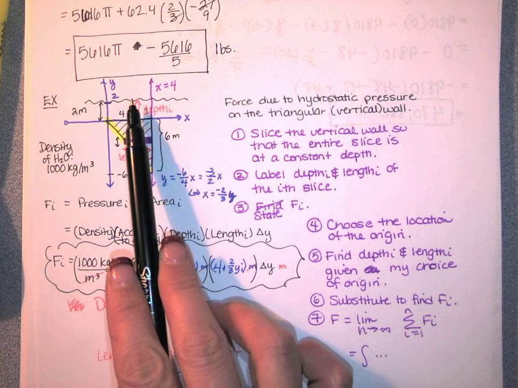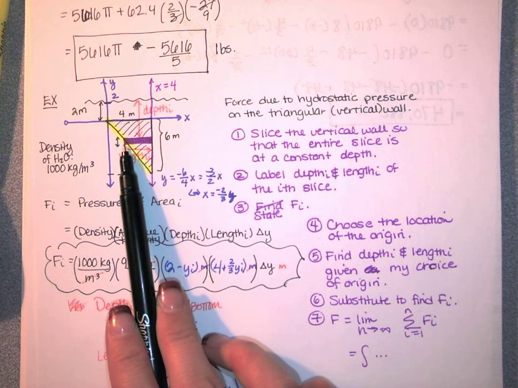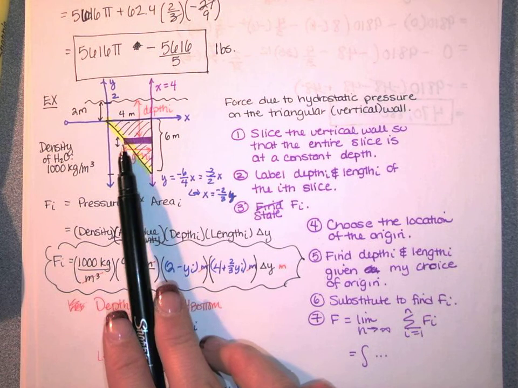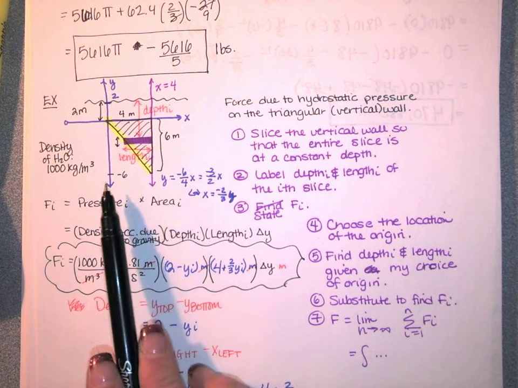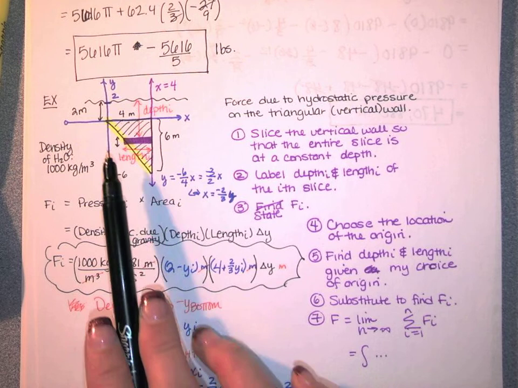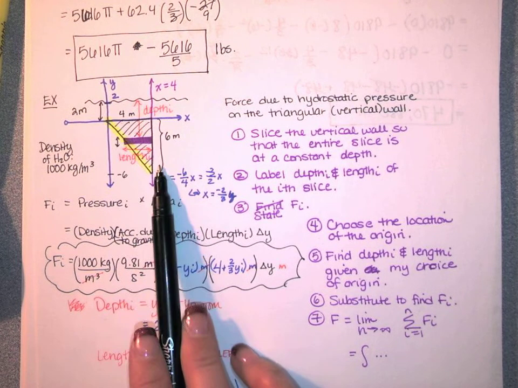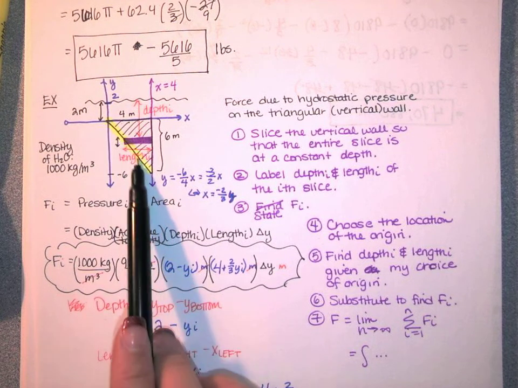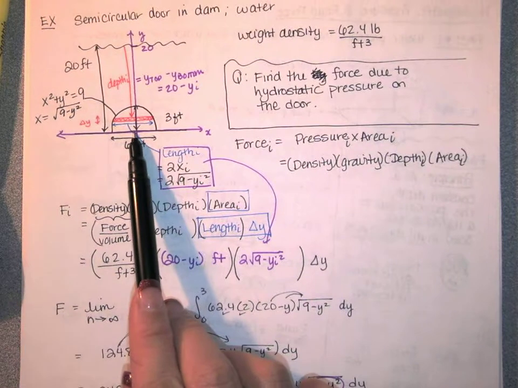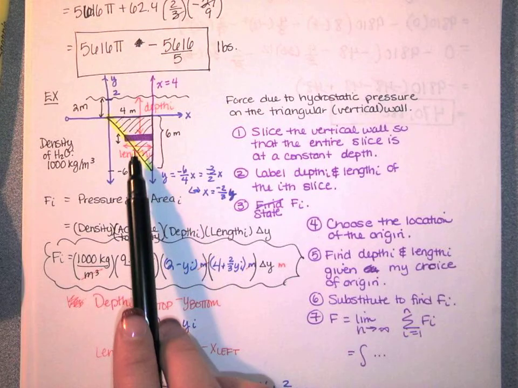So you do top y minus bottom y to get the depth, x right minus x left to get the length, and all of those formulas are based on your choice of origin. So you want to put your origin somewhere in here so that the equations of these curves are as simple as possible. Like that choice of origin made this line very simple. This choice of origin made the equation of that semicircle very simple.